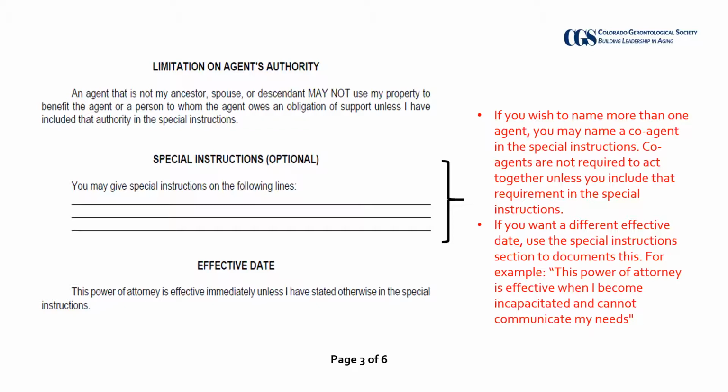The other area that we've talked about is if you want co-agents. With the co-agents, they're not required to act together unless you include that requirement here, but they do have to agree. I know that's a little bit confusing, but basically they have to be on the same page because we are talking about property, we're talking about money, so they do need to agree.